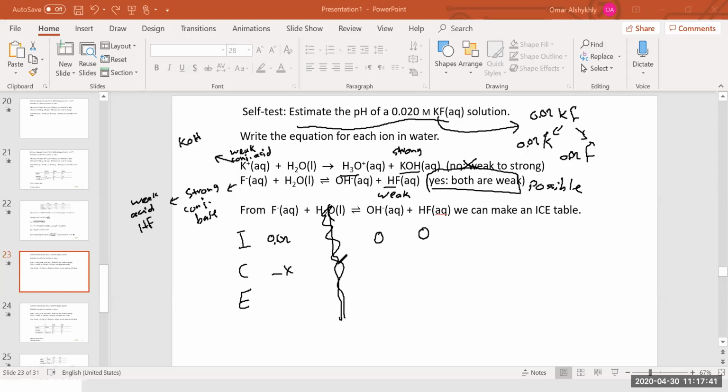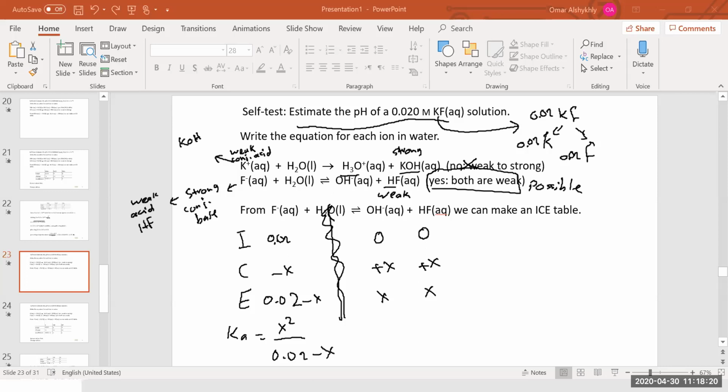Now minus X, plus X, plus X, equilibrium 0.02, here X, here X. And the K will equal X squared divided by 0.02 minus X.